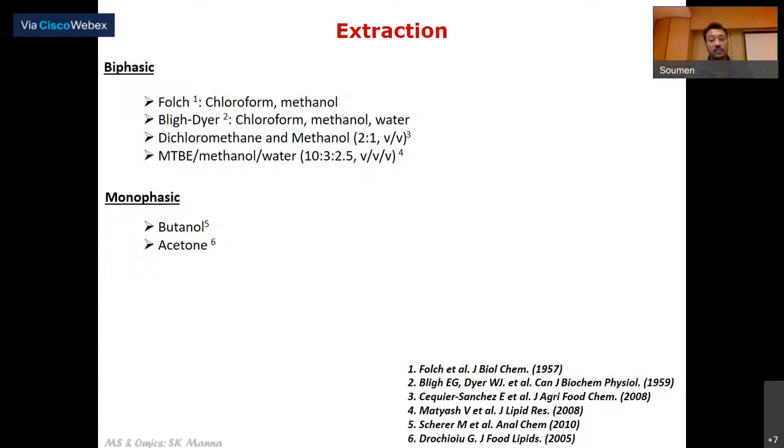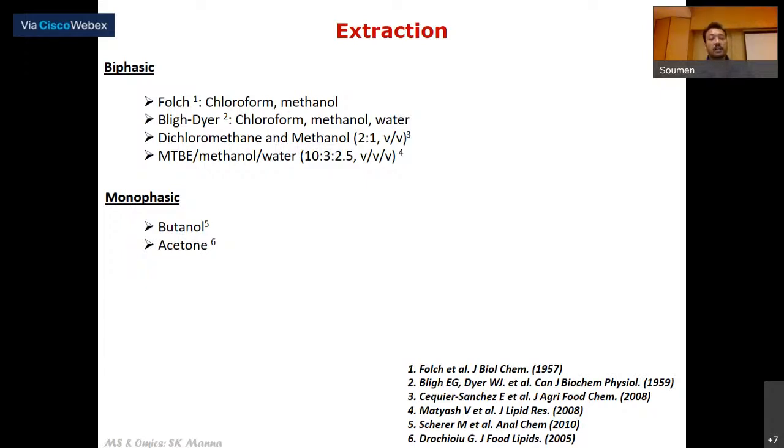Also, it is important to note that sometimes when you have the organic layer down, there can be a contamination of the aqueous stuff when you are trying to take them out, and the other way around. But if you have the organic layer on top, and that's what you are interested in lipidomics, it is very easy to take it out without much contamination.